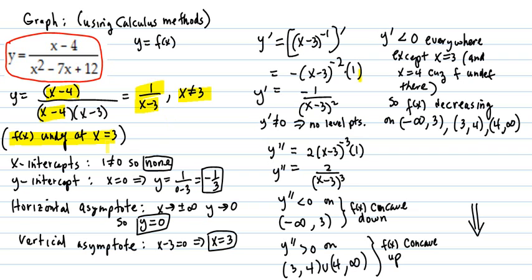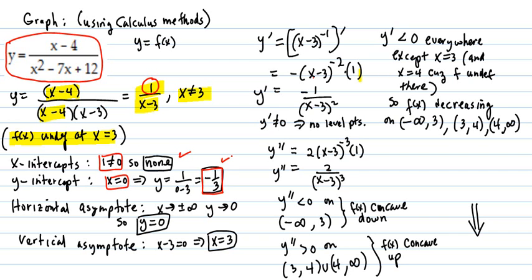The x-intercepts: when you look at the numerator, which would have to be 0 for y to be 0, it's not 0. 1 is not equal to 0, so there's no x-intercepts, it never crosses the x-axis. At the y-intercept, when x is 0, y plugs in and you get negative 1/3.